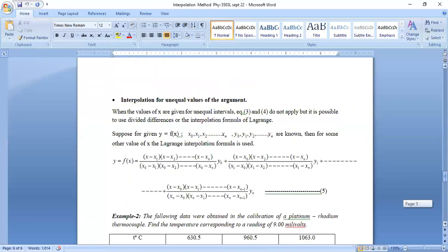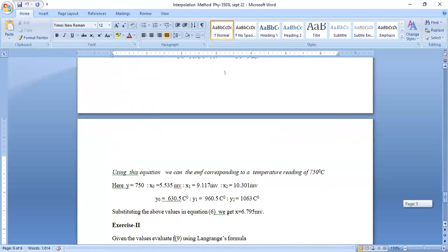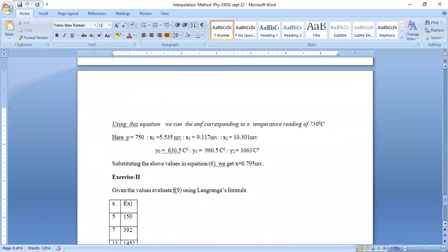You have to write in your journal. I will upload this lecture on the Moodle, as well as give you the assignment, where you have to solve exercise number 1 and exercise number 2.